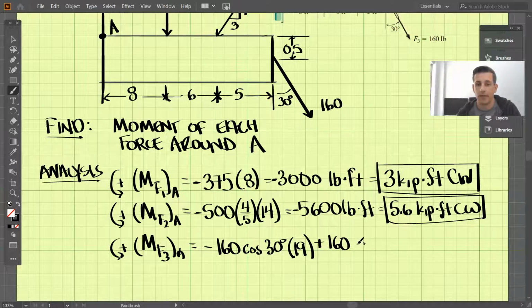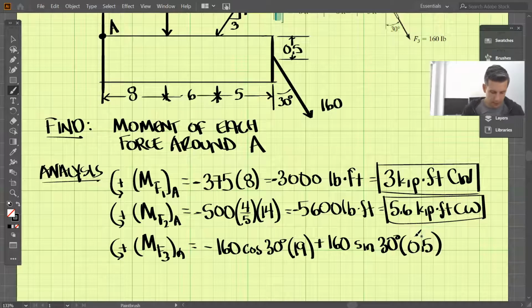The horizontal component is then sine of 30 degrees. And then we need to multiply by the perpendicular distance it is away. If the horizontal component is going in this direction, it is this distance here, which is 0.5. So we'll multiply that by 0.5.